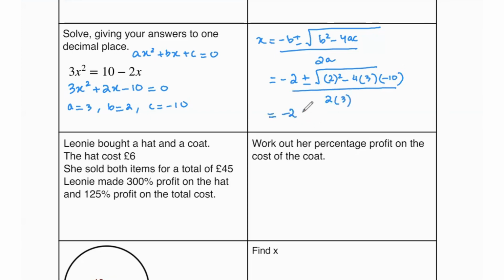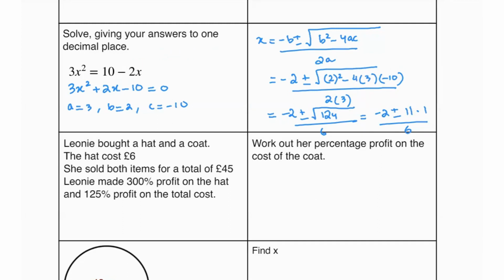So that's negative 2 plus minus the square root of 4 plus 120. So we find the square root of 124, which is 11.1. So negative 2 plus minus 11.1 over 6 is what we have. Now we find the values of x.